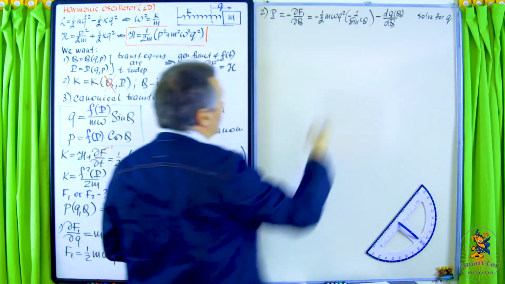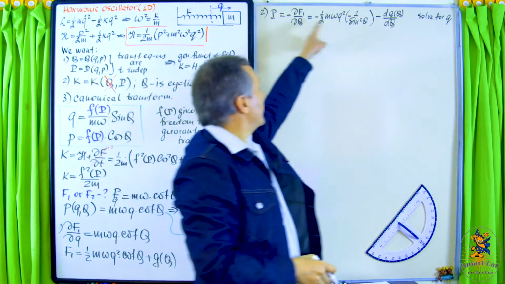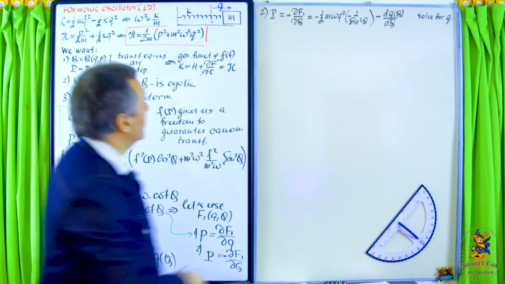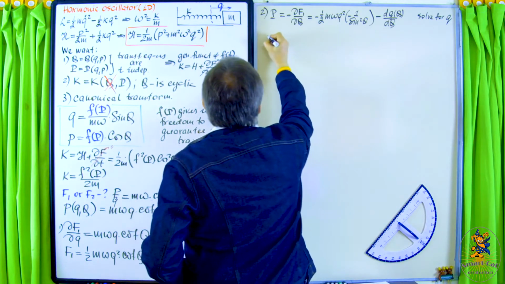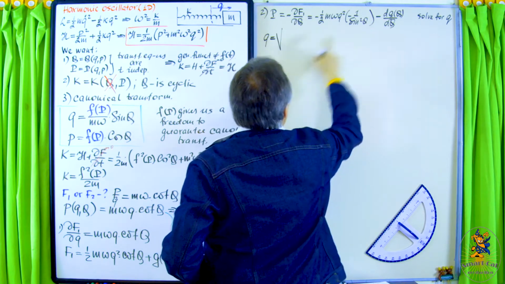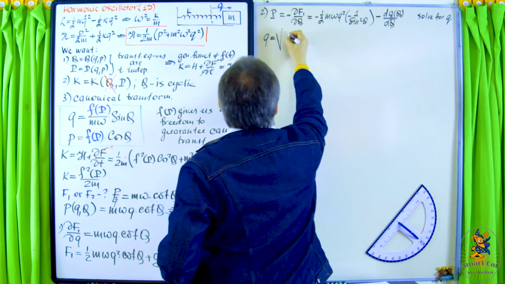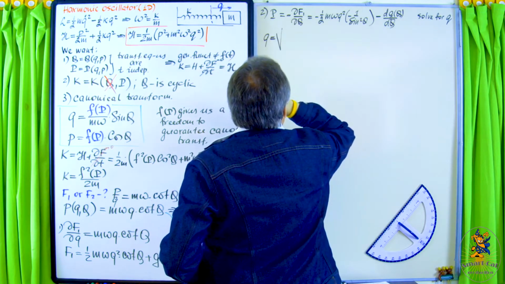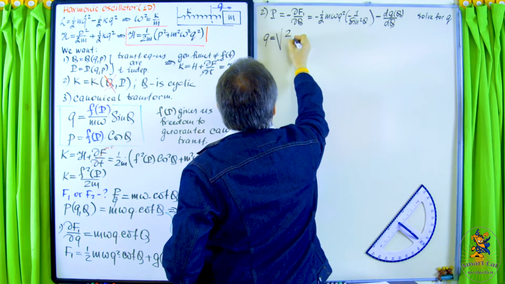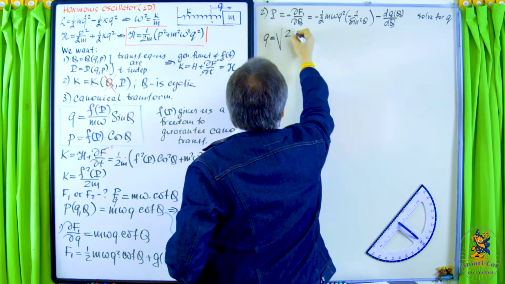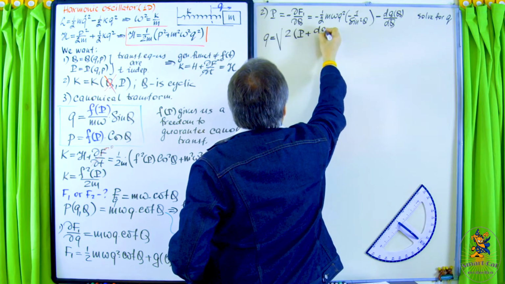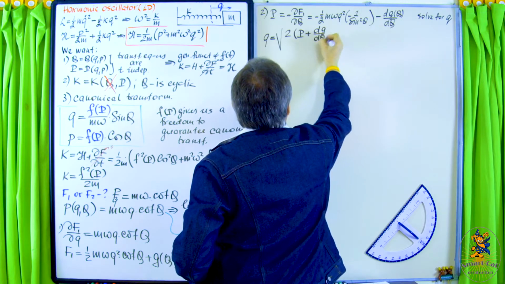Okay, I'm not going to rewrite, of course, that minus and minus give us plus, just to save space. So q will be equal to the square root, then this will go to that side with plus, then this factor of 2 will go upstairs to b plus dg over dq.